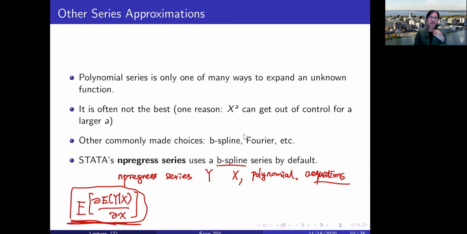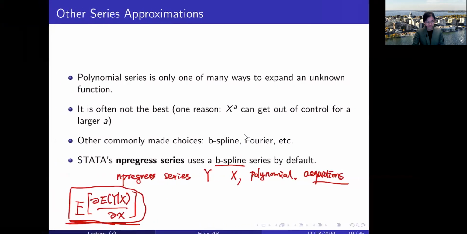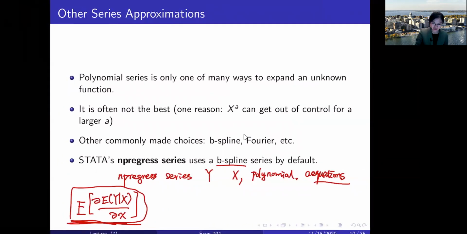And it's going to also tell you which nonlinear terms the cross-validation decided to add to the equation. So that's npregress. You can try to play with it in Stata. And I'm pretty sure that I will not test that in the final exam.